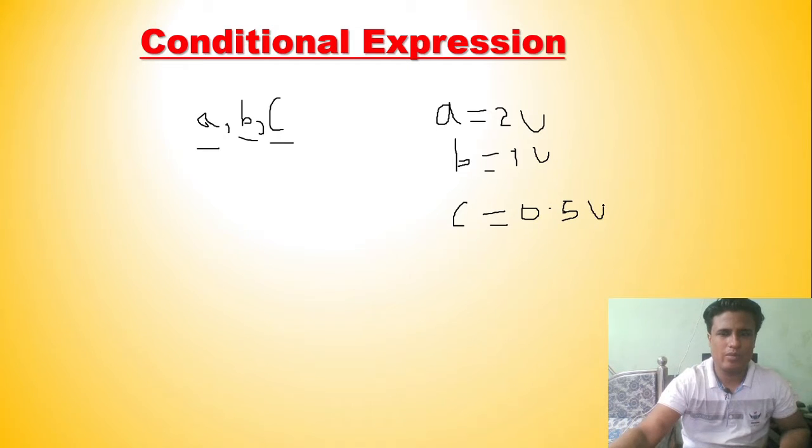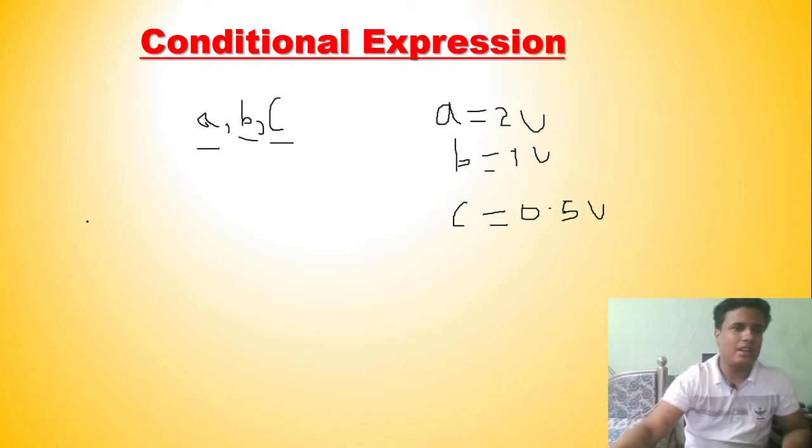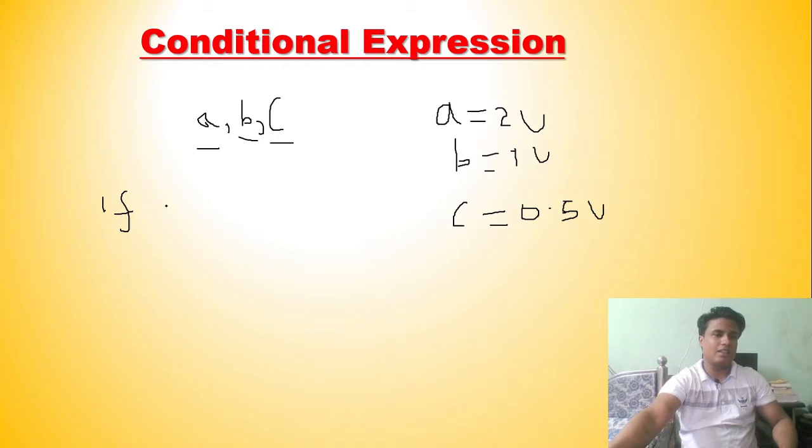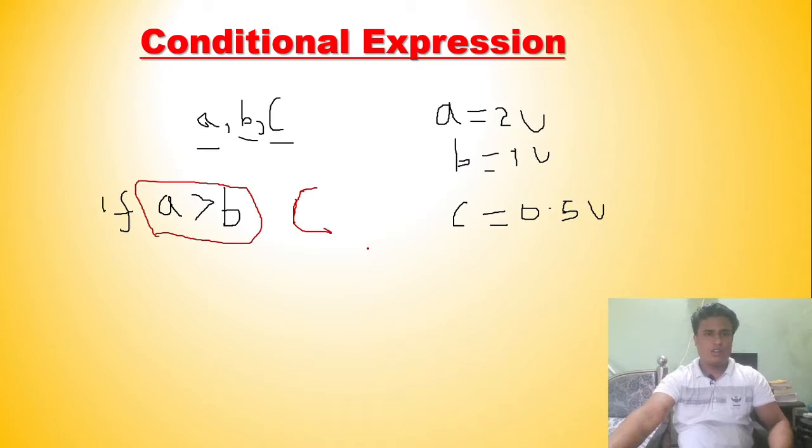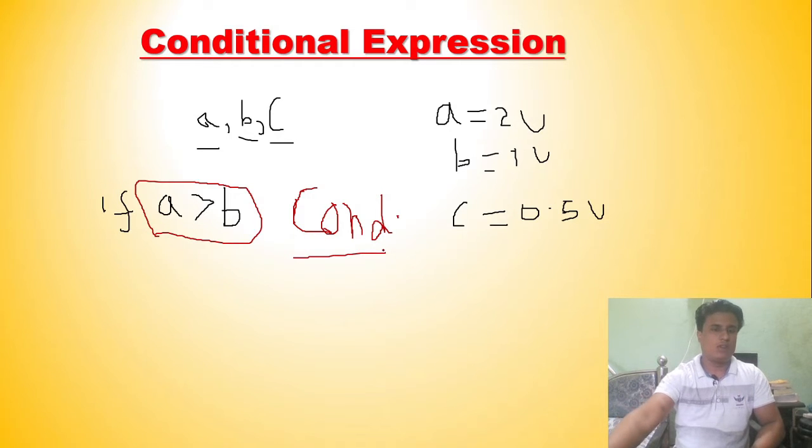Like you might have used in mathematics classes, if A is greater than B, we will check the first condition here. A is greater than B is one condition. What could be another condition?